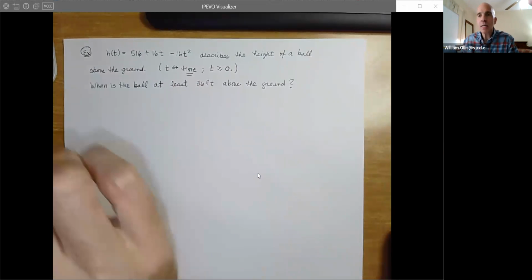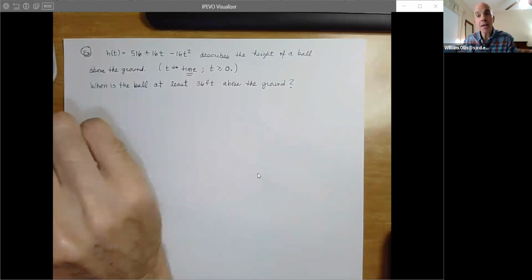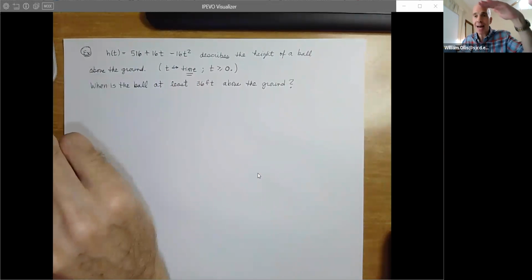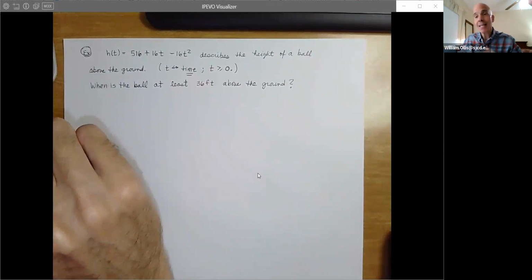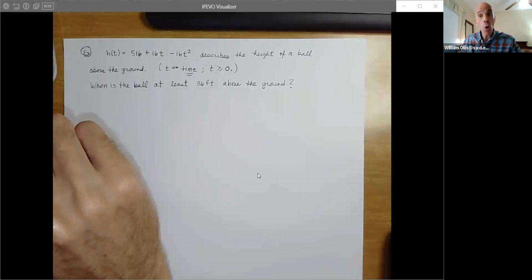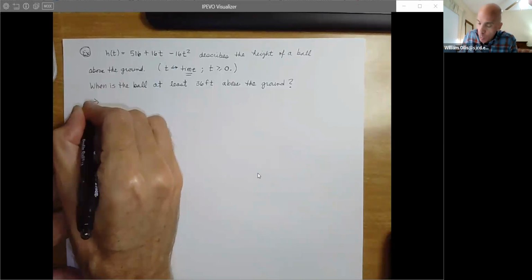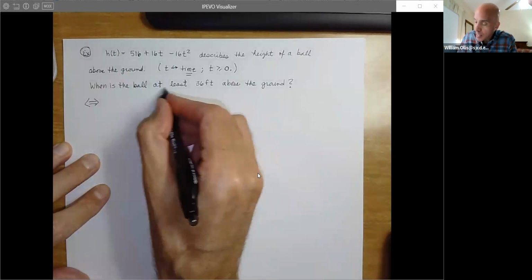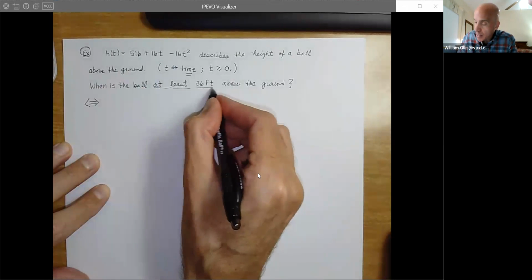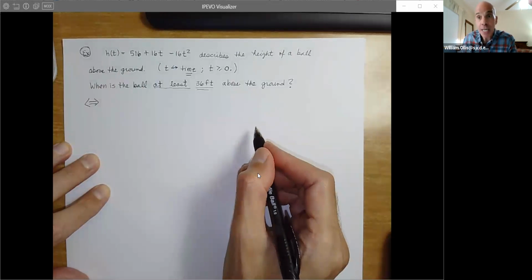What does at least mean? We think of at most as being like an upper bound, but at least as being a lower bound. So this will help us to write the inequality. So when we see this at least 36, that gives us the inequality.